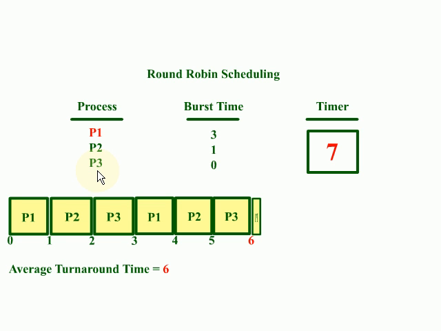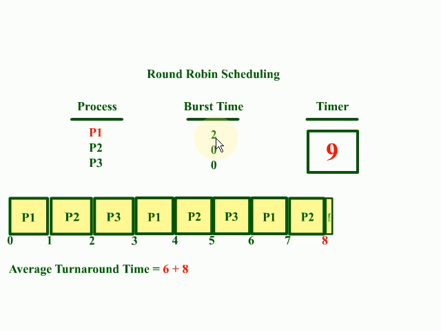Now again we'll go with the P1 process because it's still not completed. We'll execute P1 again, and after 1 second its burst time will become 2, and then we'll again go for the P2 process. Its burst time is 1 second. Once we execute it, it gets completely executed. Now both P2 and P3 have executed completely. What we are left with is the burst time of P1.